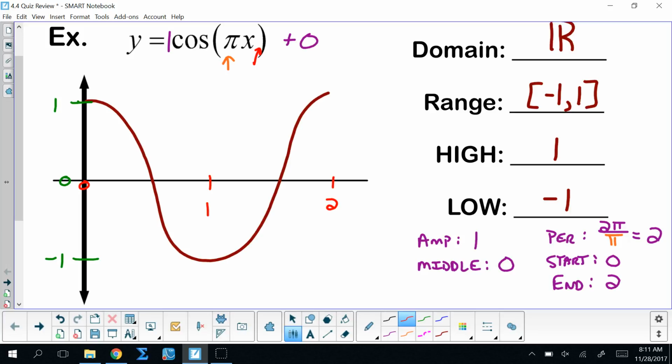Just the beginning, middle, end? Yep, that's the minimum that we require. Okay? If you want to then label this as 1/2 and this as 3/2, that would be nice too. Okay?